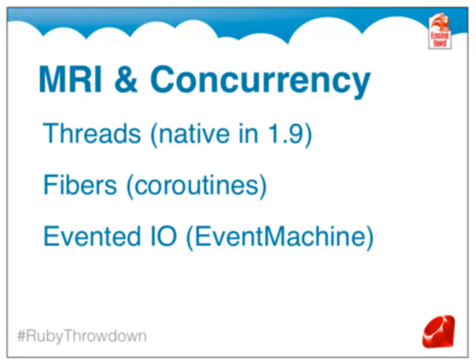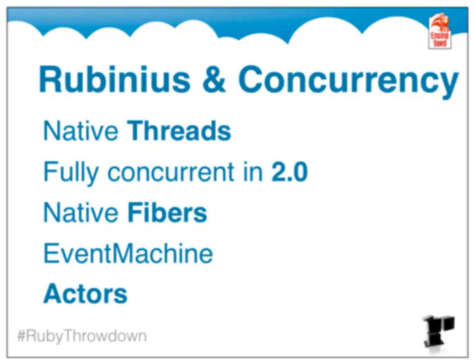The other solution for concurrency is fibers, so we can do coroutine processing, and other solutions that people use for concurrency in MRI are via evented I/O, with things like Event Machine. And then Ilya Grigorik came up with a shiny combination of the both with his EM Synchrony. Exactly, yeah.